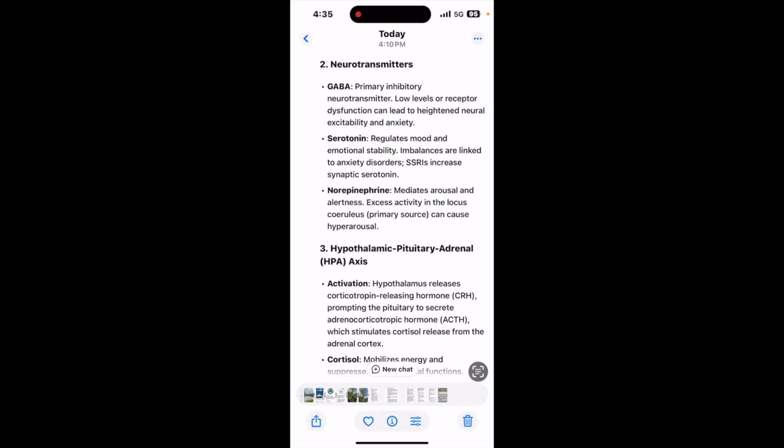Serotonin is a neurotransmitter, basically nerve chemicals that actually regulate your mood, your emotional stability. If you don't have enough of it, not enough serotonin, the person will have anxiety. Others will be norepinephrine. This is actually also from your nerve as well.